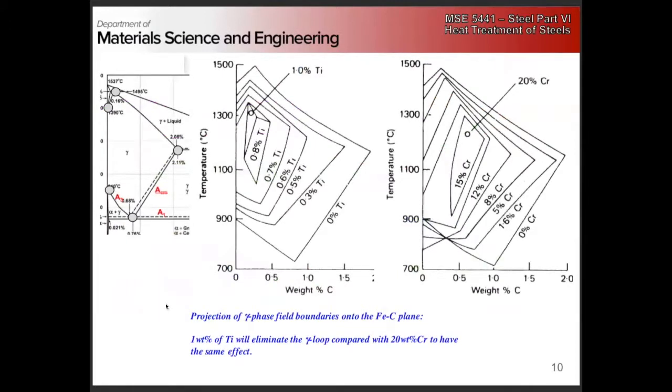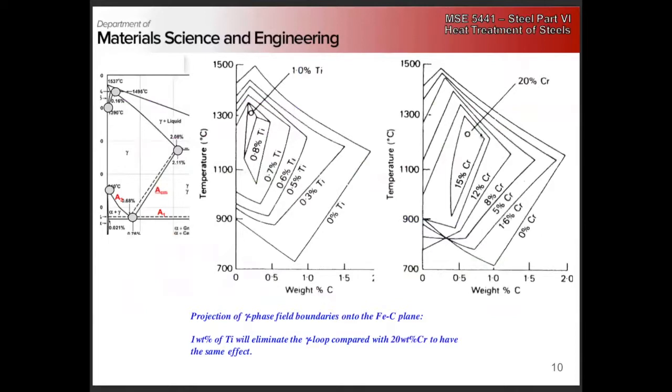So titanium can essentially completely eliminate the gamma loop. 1% of titanium completely eliminates the austenite phase field, right?